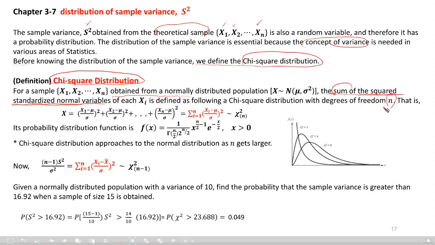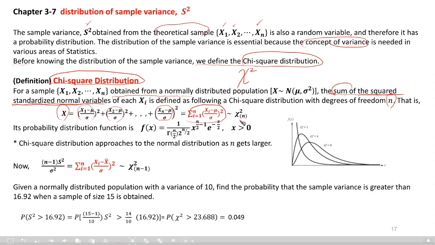What are degrees of freedom? The number of independent items. So let's see here. Let X be the sum of standardized X1 squared, standardized X2 squared, up to standardized Xn squared. Briefly, the sum from i equals 1 to n of (Xi minus mu over sigma) squared has a chi-square distribution, chi being a Greek letter, with degrees of freedom n.